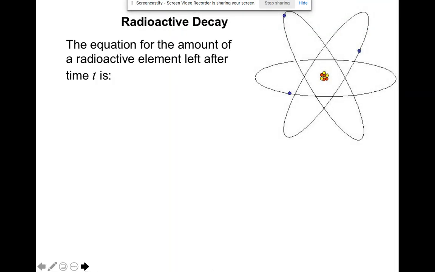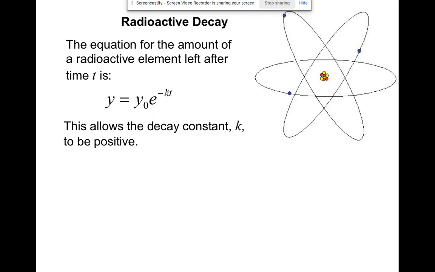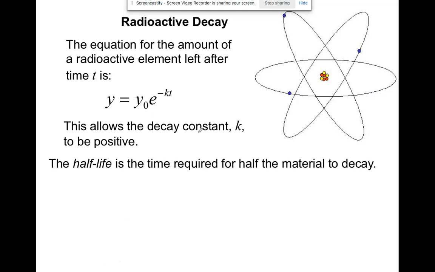Radioactive decay, if you're in chemistry, you probably have dealt with this formula, in physics as well. If k is negative, we are talking about decay. And that way we can always talk about the constant of proportionality being positive when we just put this negative here. Half-life means that whatever initial amount you started with, I want to solve for t after half of it is gone.